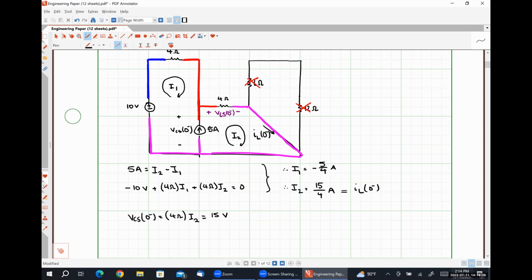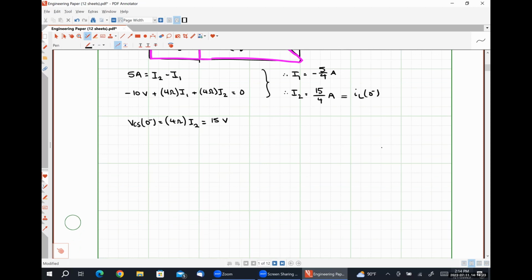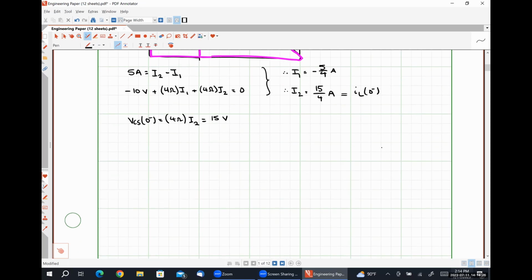Simple KCL relationships wouldn't work here, and mesh is nothing more than just 2 applications of KVL in this case. So anyway, let's look at what's going on at t is equal to 0 plus.